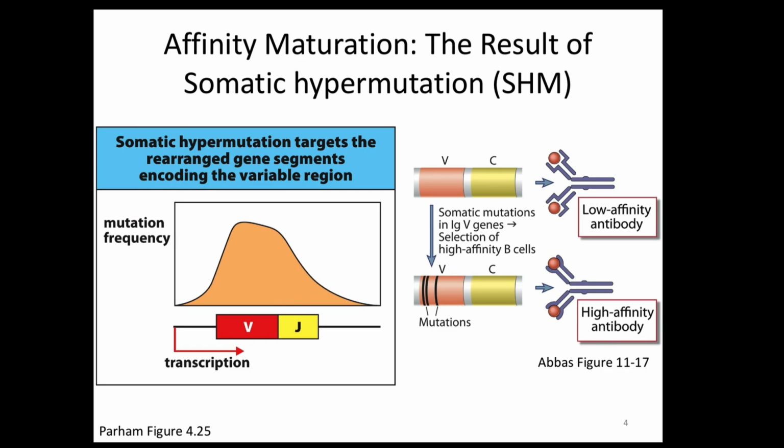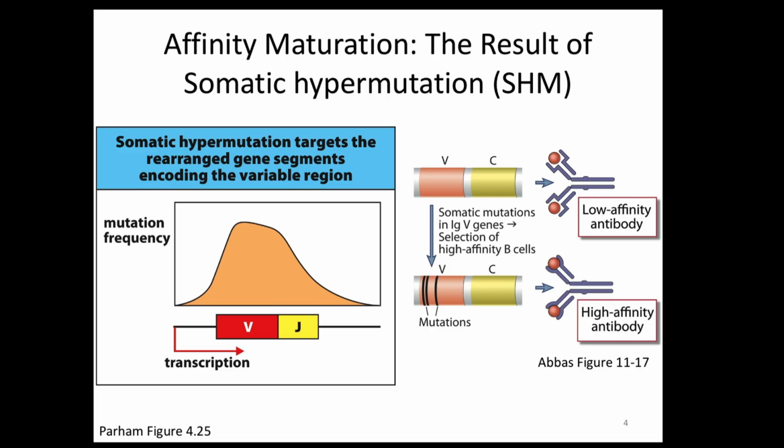Here you can see these little black lines are showing point mutations in that region. And this will influence the protein, changing the affinity of the antibody protein for its antigen. And so we have mutation of the DNA, somatic hypermutation, that changes the affinity of the antibody.